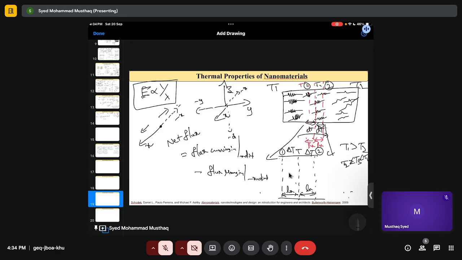That will give you the net flux. So what is the heat energy at T? Then how do you write? That is rho Cp T.